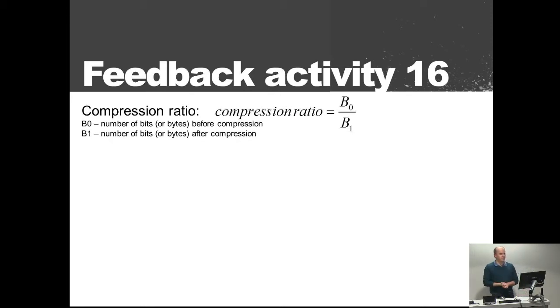The compression ratio is the size of the image before compression divided by the size of the image after compression. You can use any units you want. If you are using both in bits, it's fine, or both in bytes, it's fine as well. What is important is to divide like with like.